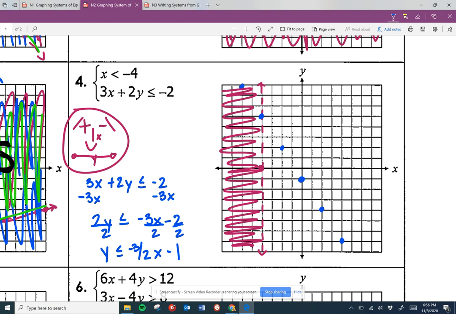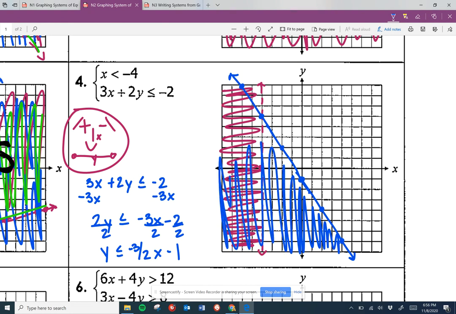Okay, all that lime green that's shaded by both the pink and the blue, that is going to be our solution set. Remember, if it's on the line, it is only included if it's a solid line. If it's an intersection, it has to be both solid lines. Okay, so that is how we graph systems of inequalities.